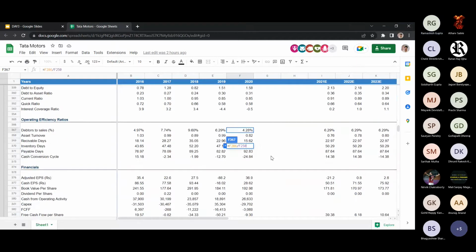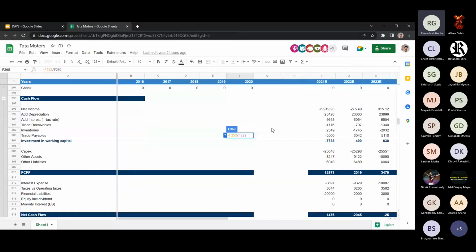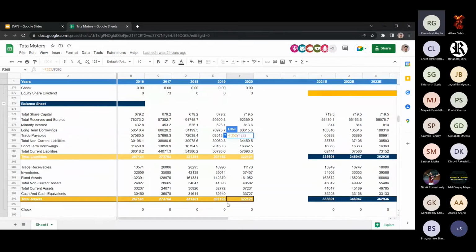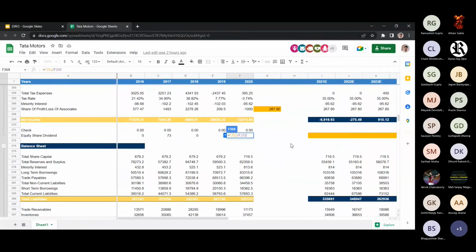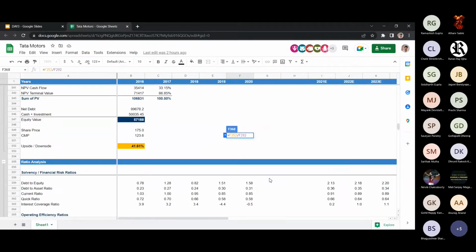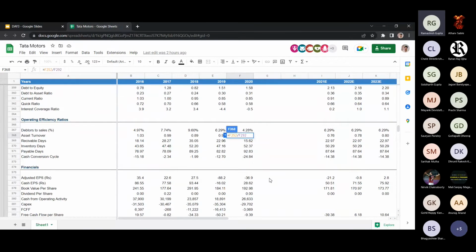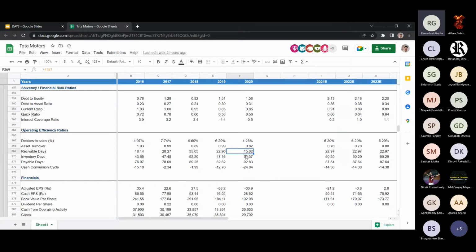Next is asset turnover, that is revenue generated for each asset, total revenue over total assets. Next are the straightforward things, the receivable days, inventory days and payable days.